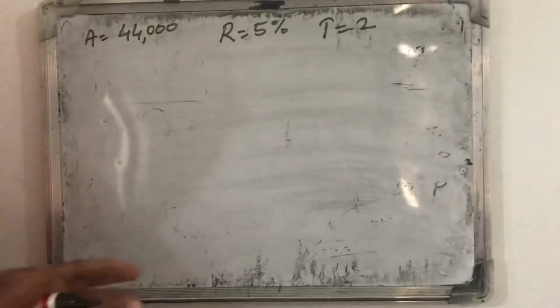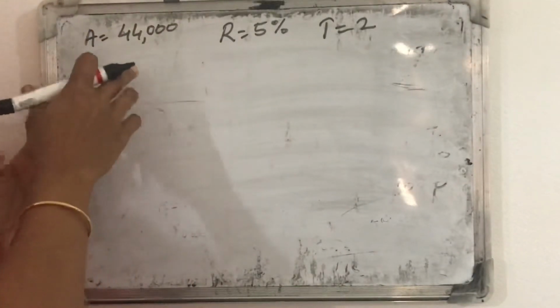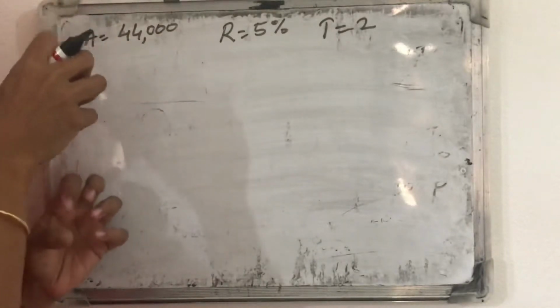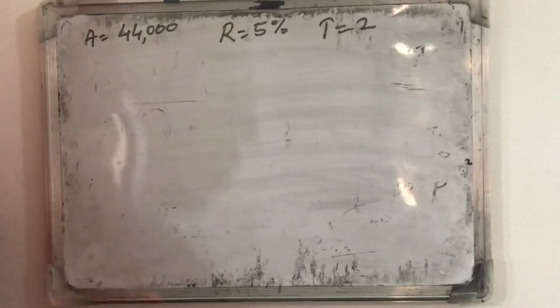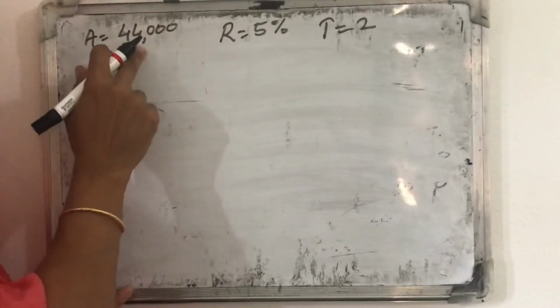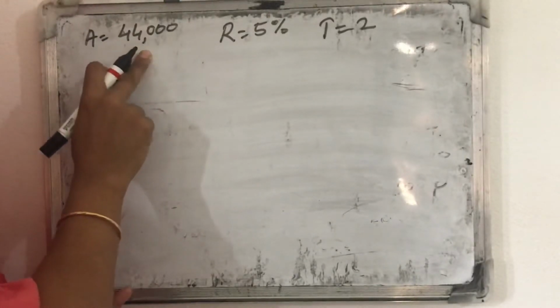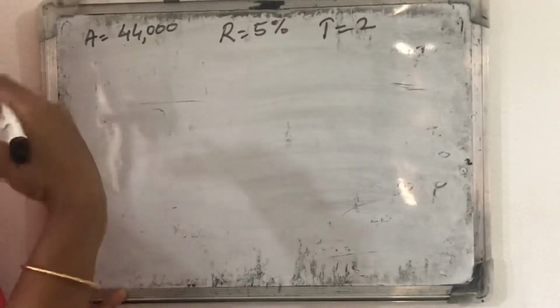Then from that first we find out P. First we want to find out what will be the principal. Then we want to find out what is the amount after 3 years. This is the amount after 2 years, that is given 44,000. And we want to find out what is the amount after 3 years.